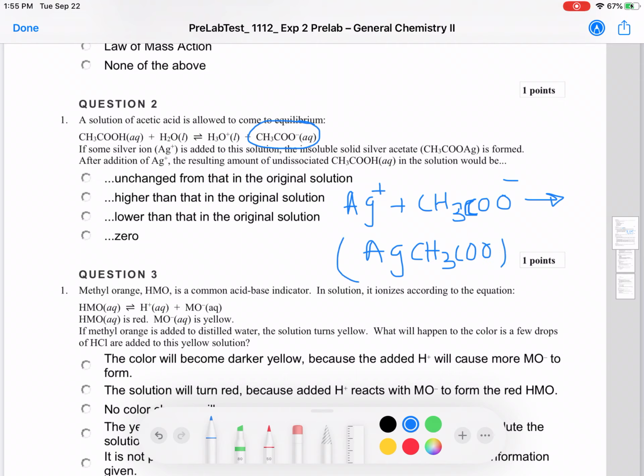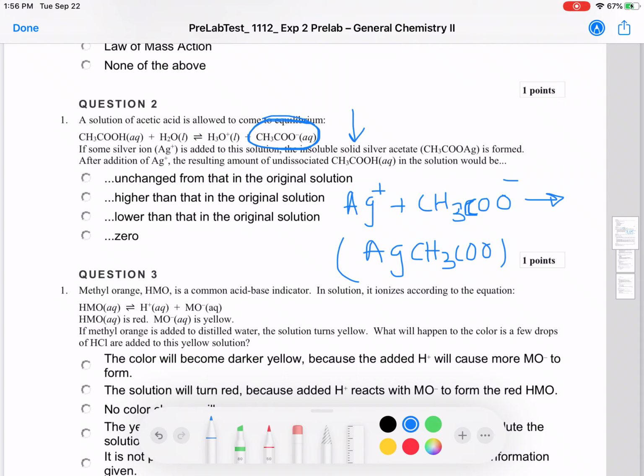Okay, silver acetate. By adding silver, what is happening to one of our products? Acetate. This acetate is going to react with silver. So basically what we do is reduce the amount of acetate in the solution. We are disturbing the equilibrium of the system. If the system is disturbed by removing one of the products, how do you think the system would now behave?